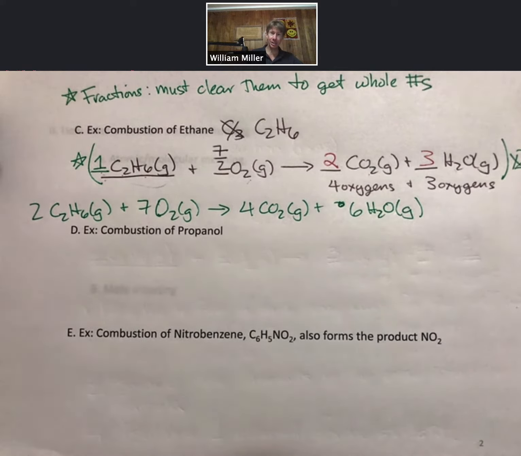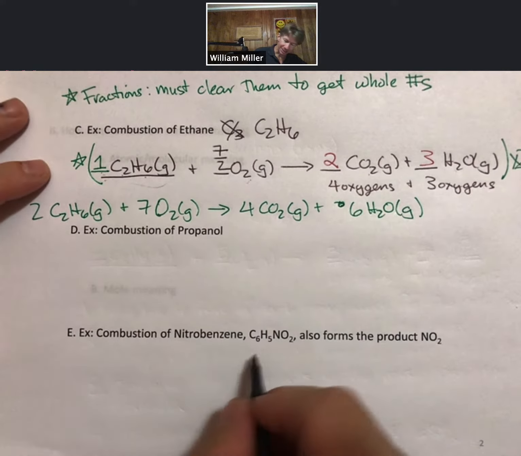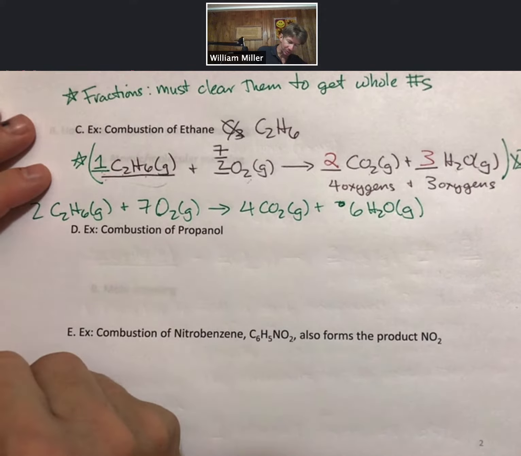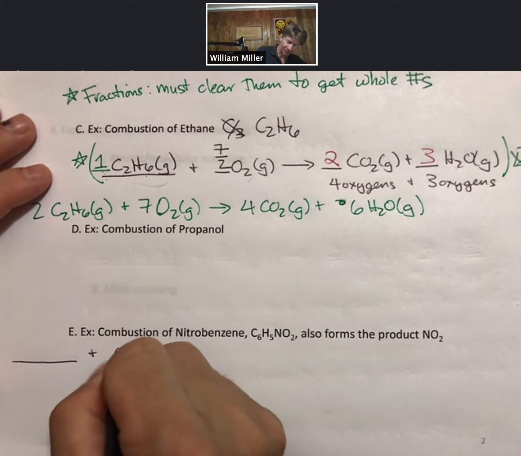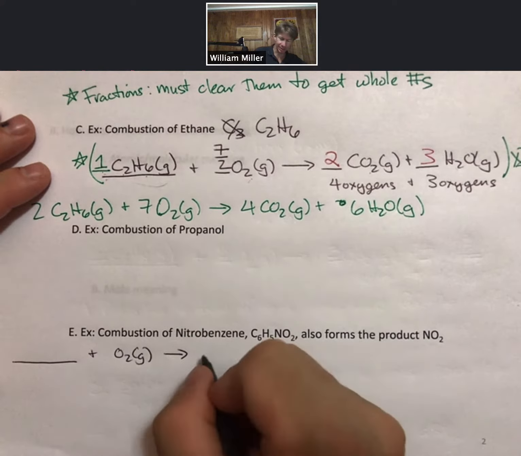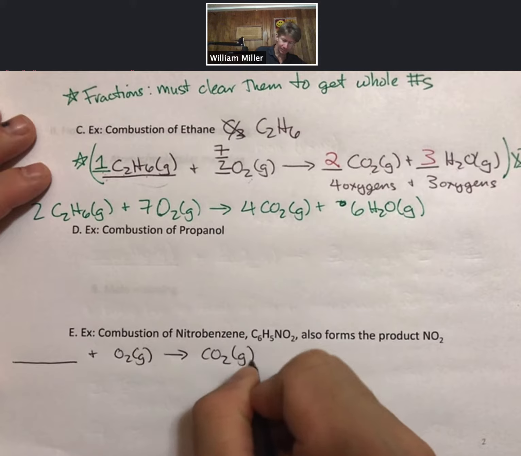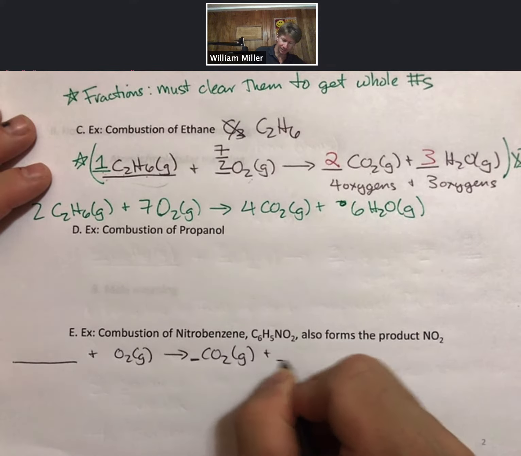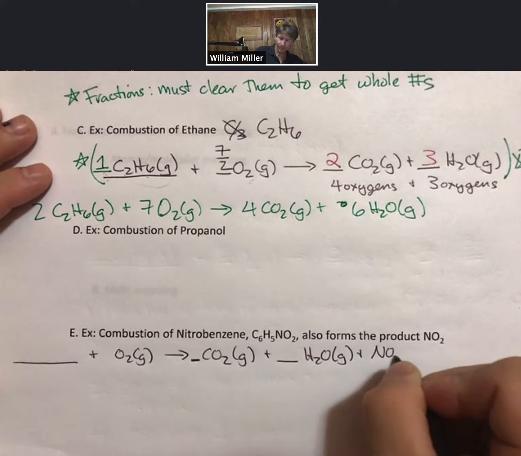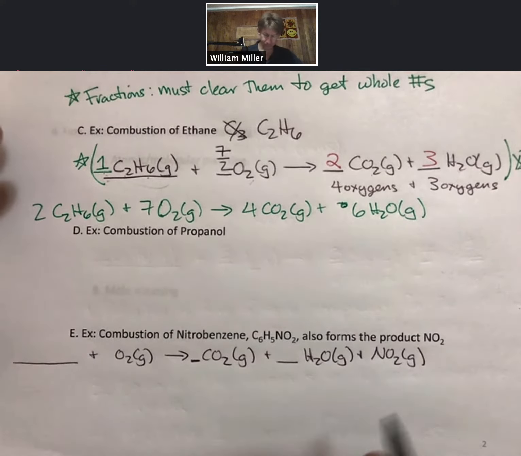Let's see. It's complicated also because it has a third product, but we'll work that in. So blank plus oxygen goes to carbon dioxide. All right, I did leave enough space there. There we go.